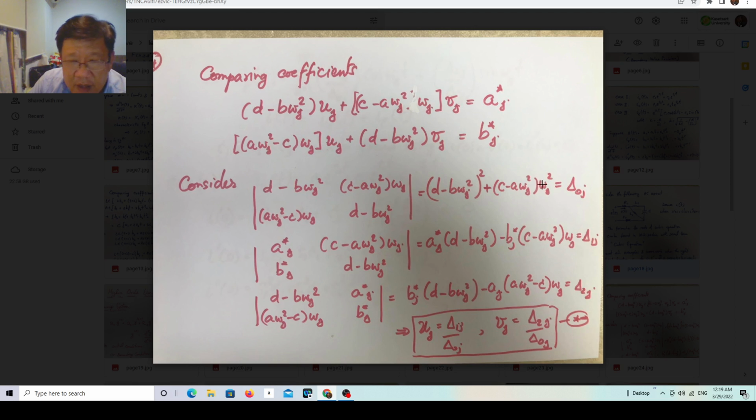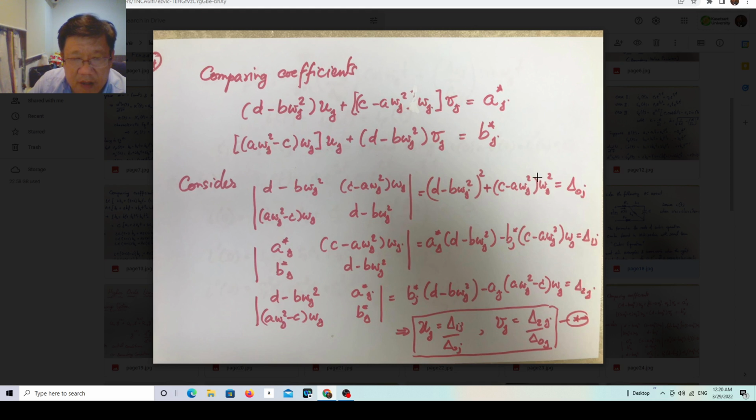I think I forgot the square here. The first term should have a square also. You remember c minus a times omega j, all together has to be squared. I'm missing the square here.